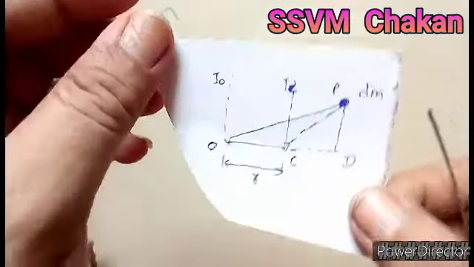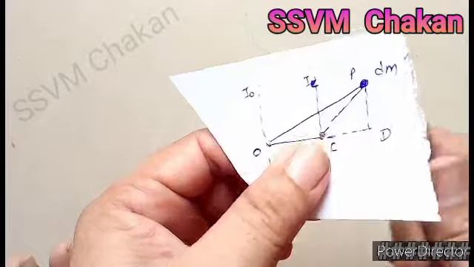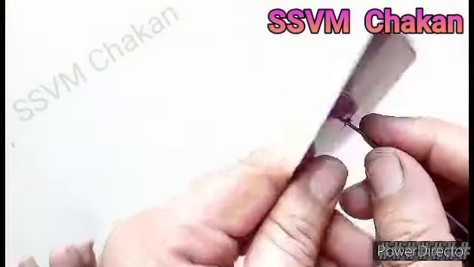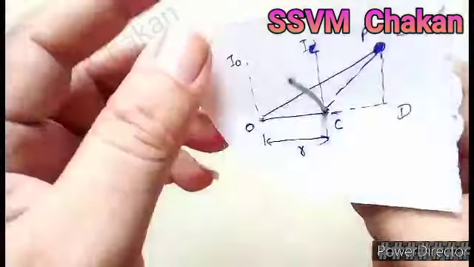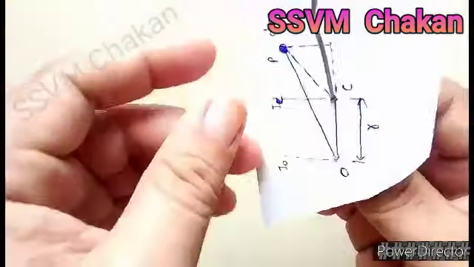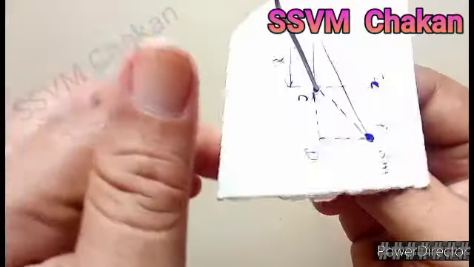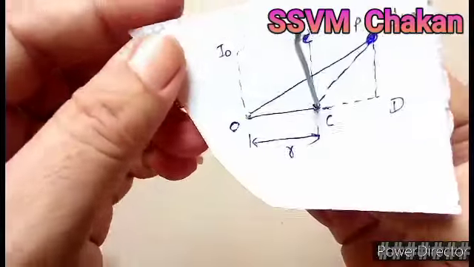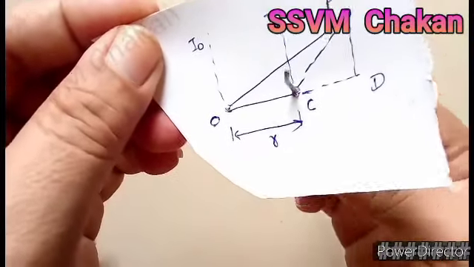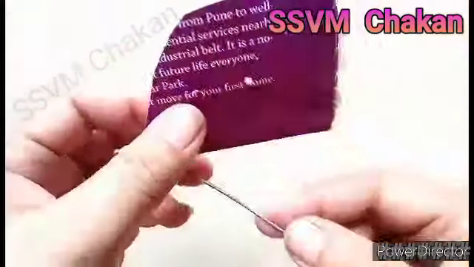So this is a body of any shape. This is the center of this body. Now an axis passes through this center and the body is rotated around this axis. Now we change the position of the axis. This is the central axis. Now the position is changed.